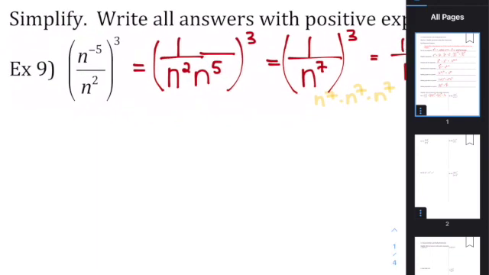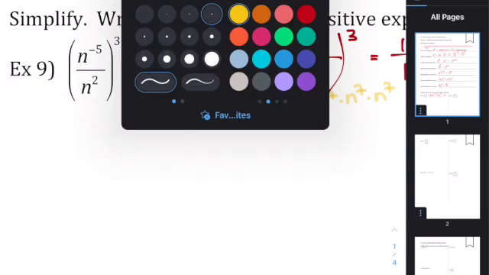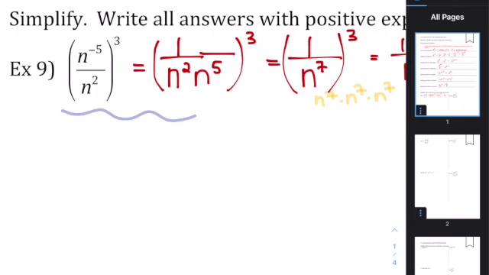Next way you can do it is by saying, hey, we have n to the negative 5 minus 2, if you want to do it that way.